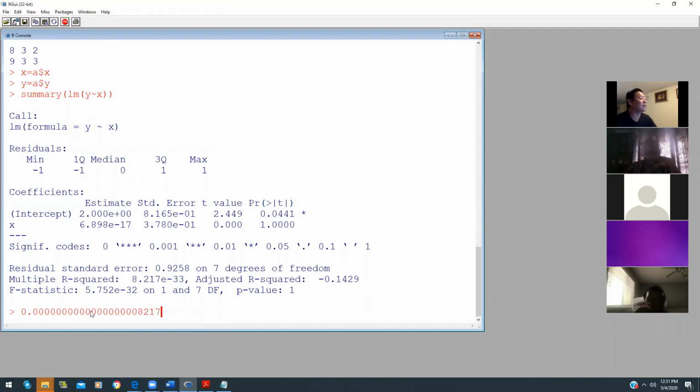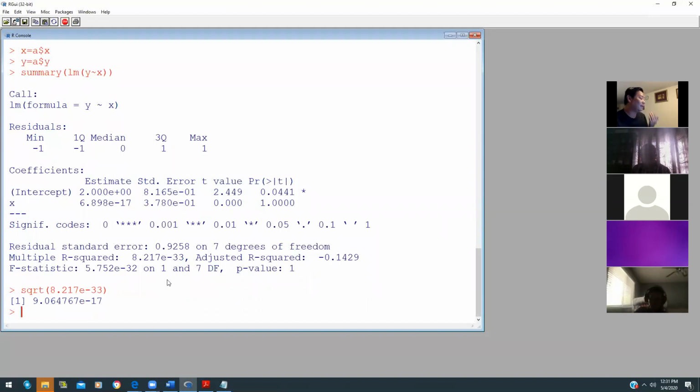This is the meaning of this. 32 zeros. It's not 32 here. 8217. So how do you do this is you take the square root, the same thing, 8.217 e minus 33. So you just type in exactly the same as what the R shows up.